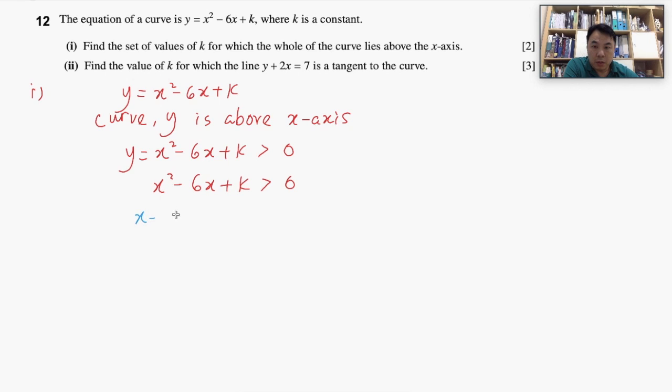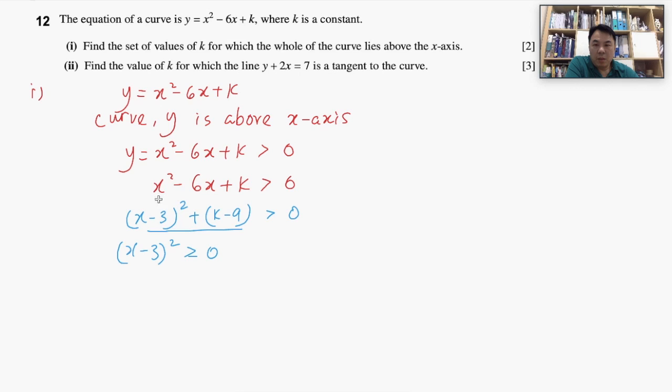That would give me x minus 3 squared plus k minus 9 greater than 0. I know that x minus 3 squared must be greater than or equal to 0, depending on what value of x I'm working with. The smallest value I will get is 0, and the rest must be greater than 0.